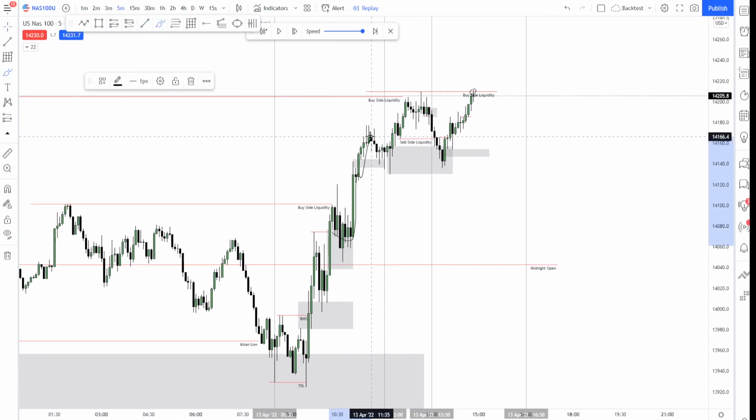Price kept going up, gave us a fair value gap here, price continued up, gave us our objective.